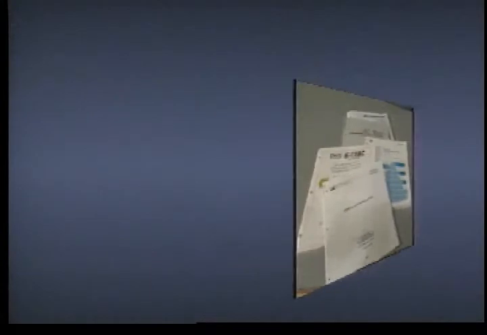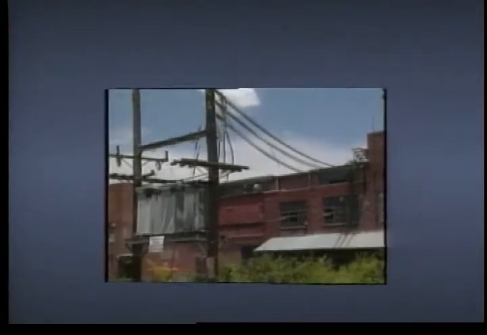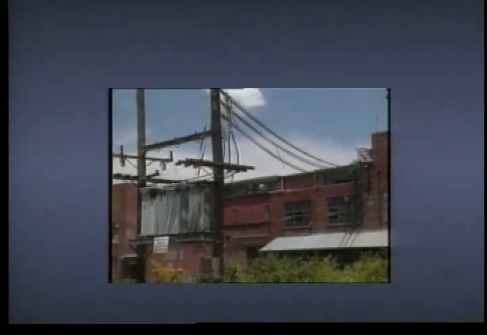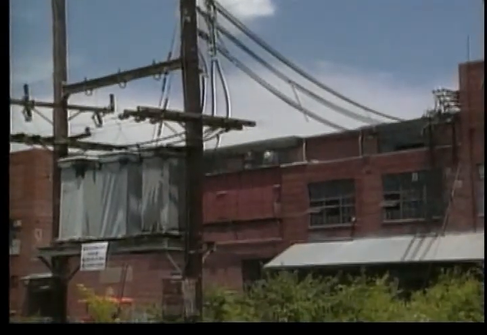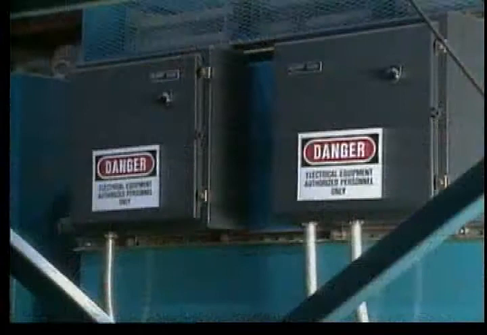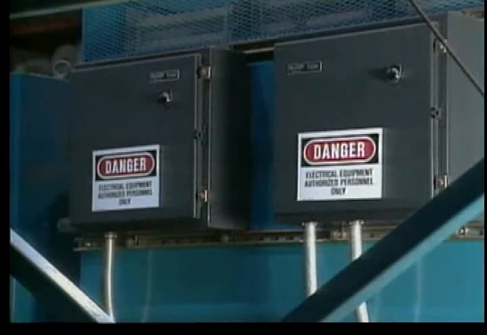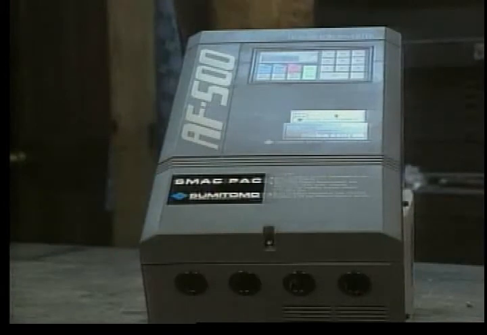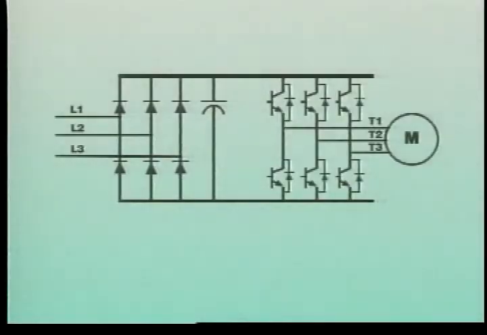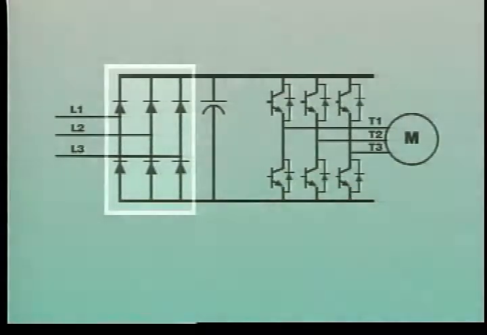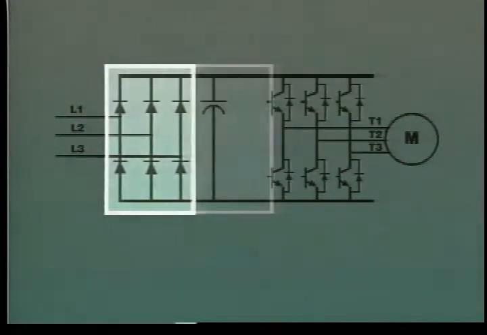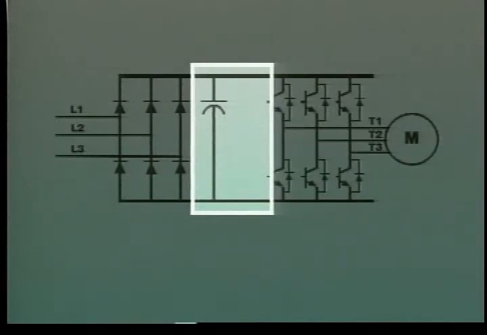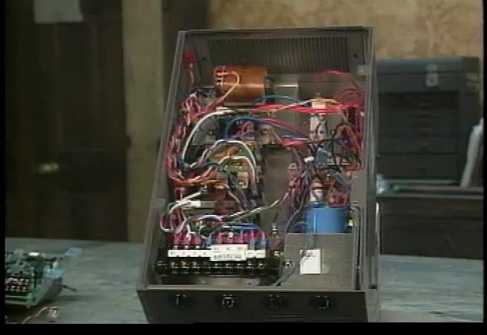Now let's take a look at some of the common problems that occur in motor control systems using inverters. The AC supply in nearly all industrial locations is subject to voltage irregularities. While some variation can usually be tolerated, irregularities that exceed the design specifications of the inverter may interfere with normal operation. When voltages are higher than normal, rectifiers in the converter section and capacitors in the DC filter section will burn out quickly.